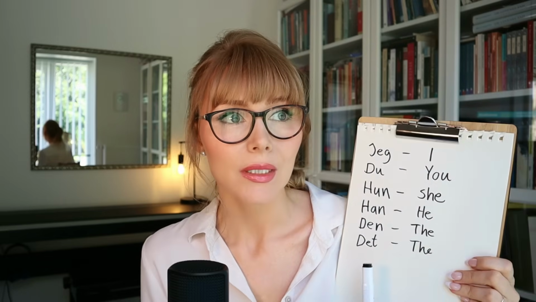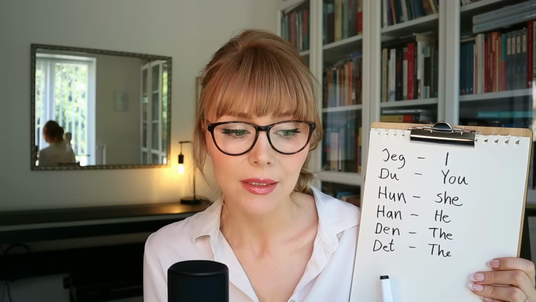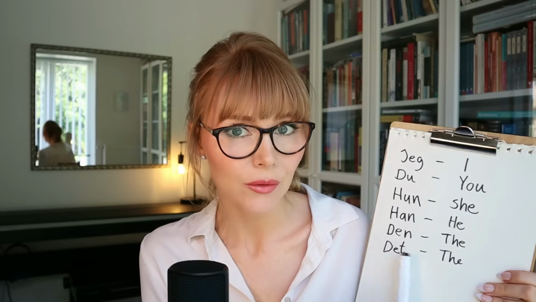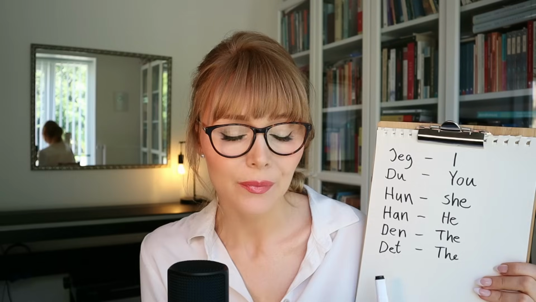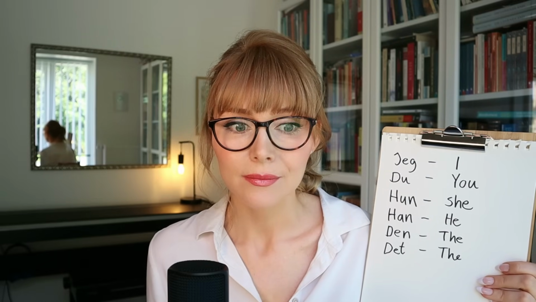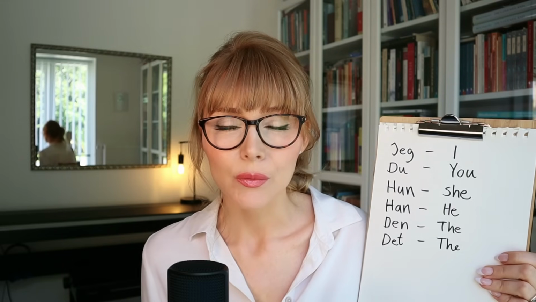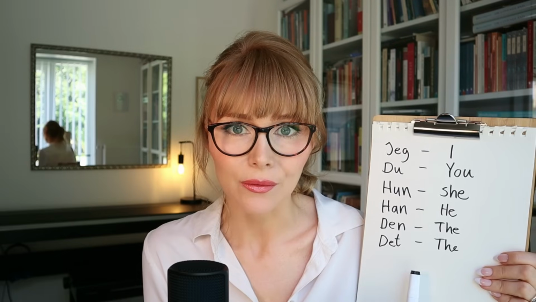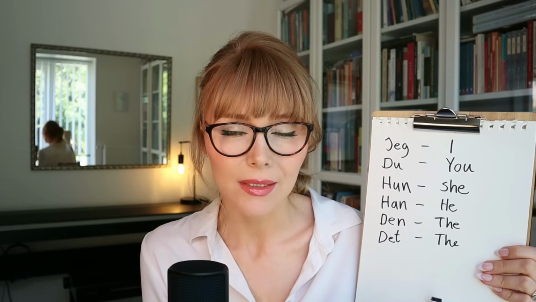You will also say det hus. Not den hus, but det hus. So, if you can put et in front of the noun, you can also put det in front of the noun, the one that ends with the et.